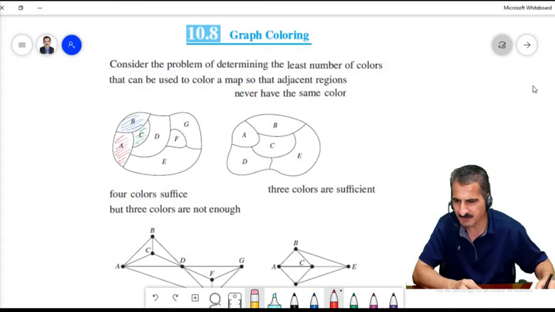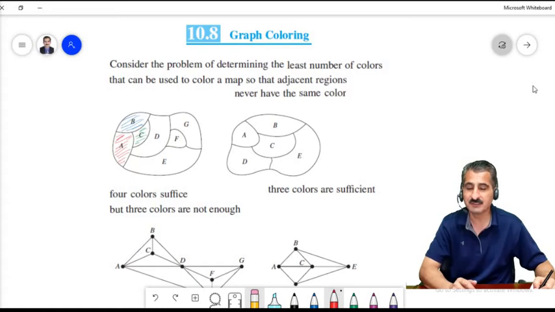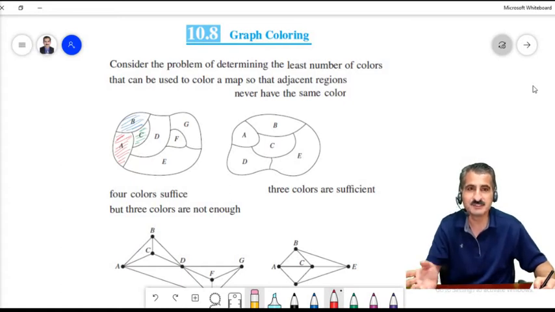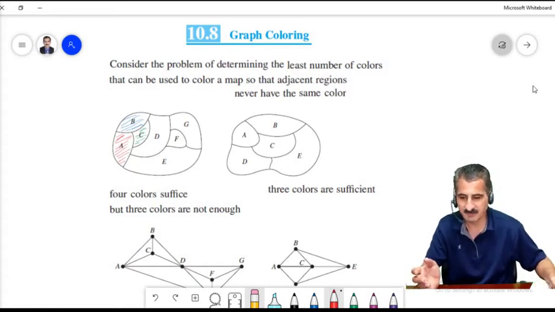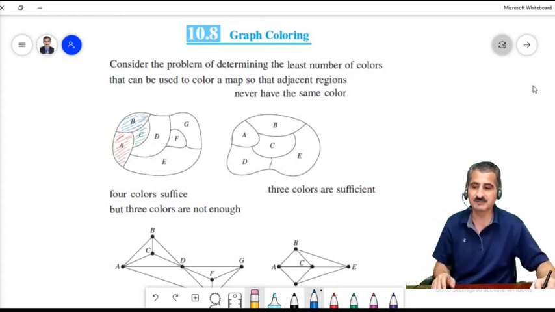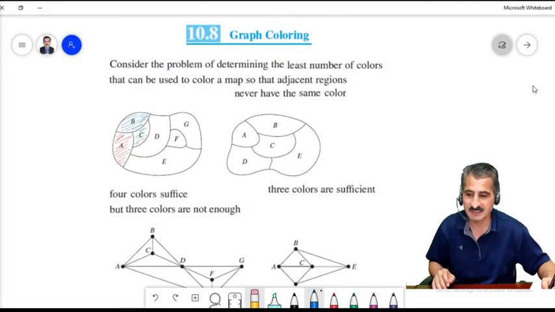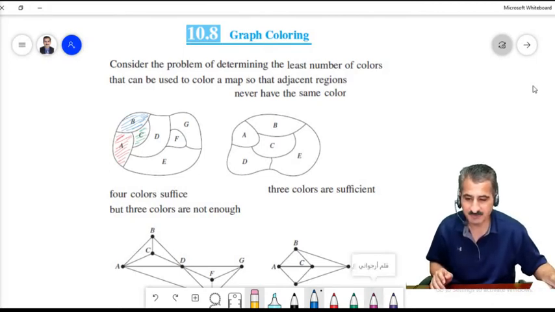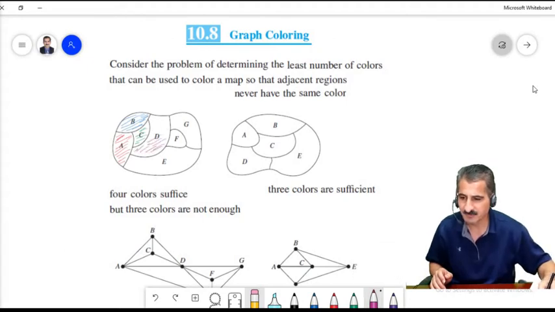Okay, so I cannot color D blue because it is adjacent to B, and B is blue. I cannot color it green because it is adjacent to C, and I cannot color it red too. So I will choose purple.